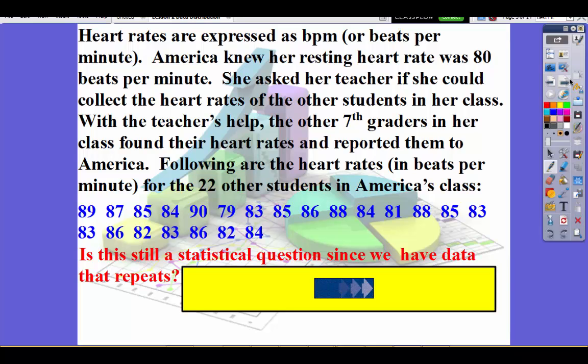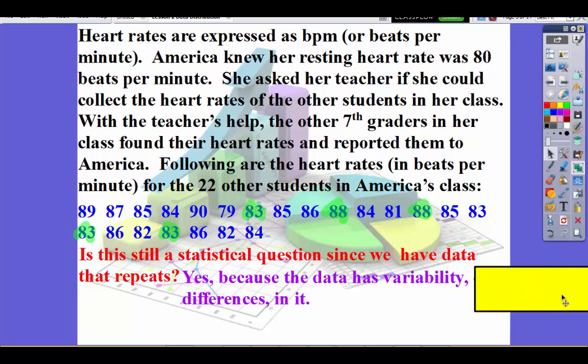Is this still a statistical question now because we have data that repeats? So look right here. I noticed right away that I have an 88 and an 88. I have 83s repeated several times. Is this still a statistical question because I have the numbers that are repeated? Well, the answer is yes.